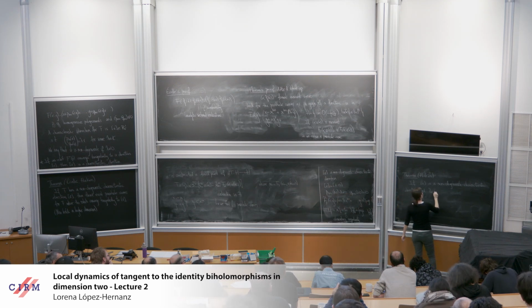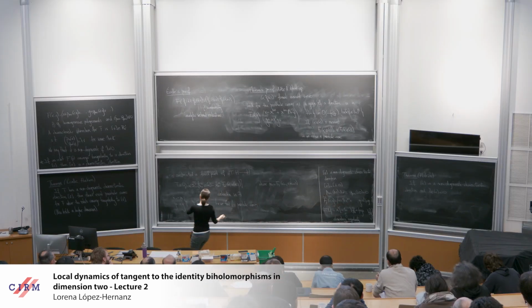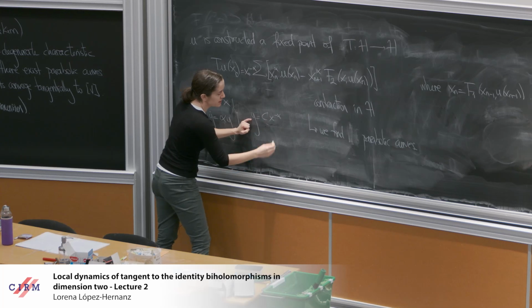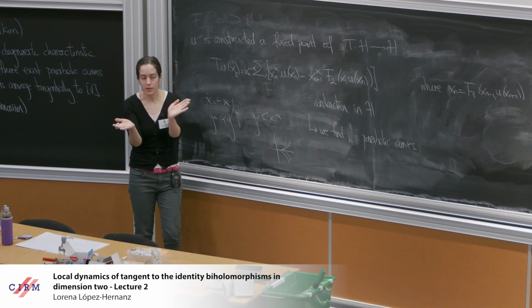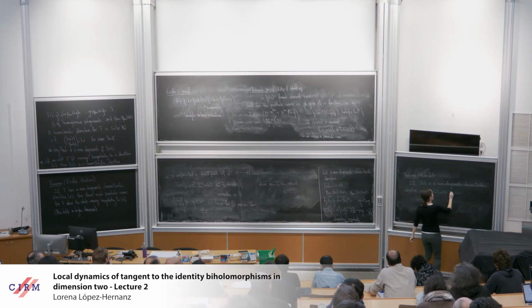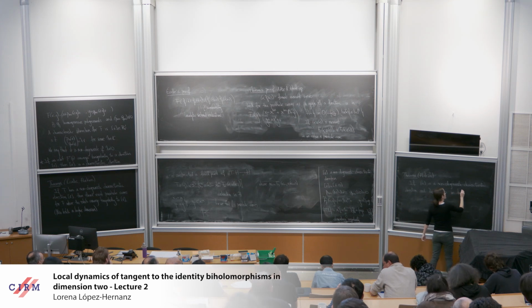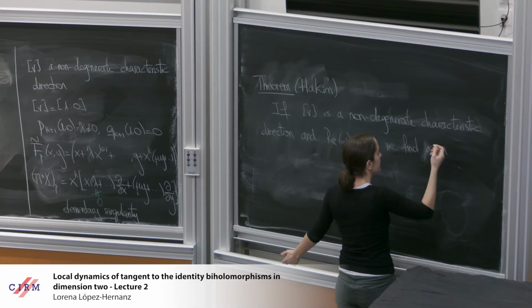Okay, so here we have this node behavior. Here the orbits, if the real part of alpha is negative, will all converge to the origin. So we can enlarge the parabolic curve to a parabolic domain. We find parabolic domains, well, again, k parabolic domains.